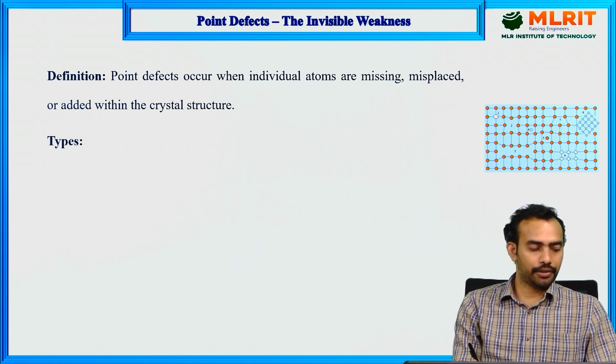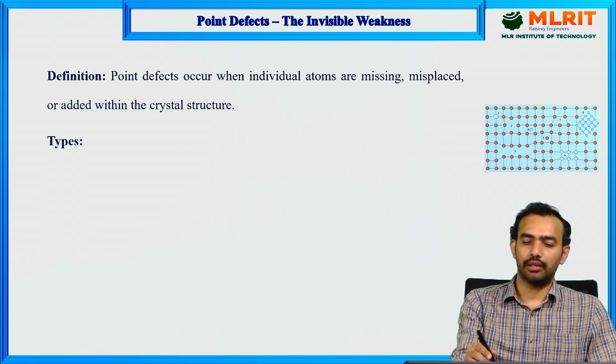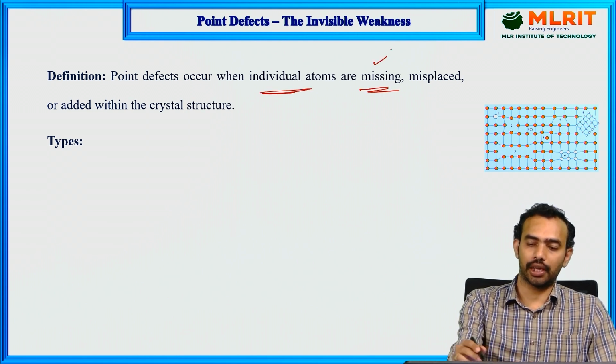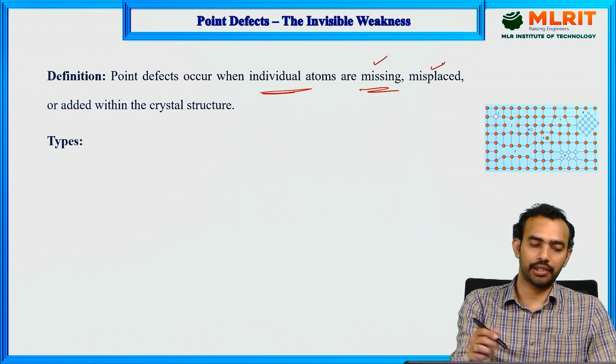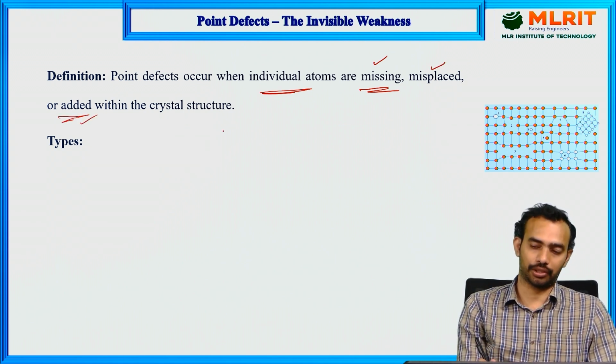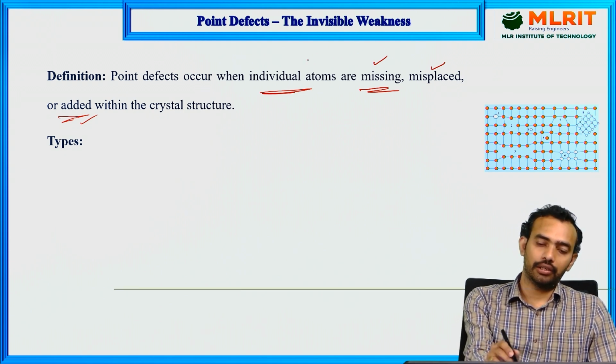Point defects are the defects present at the atom level. By definition, point defects occur when individual atoms are either missing, misplaced, or added within the crystal structure.